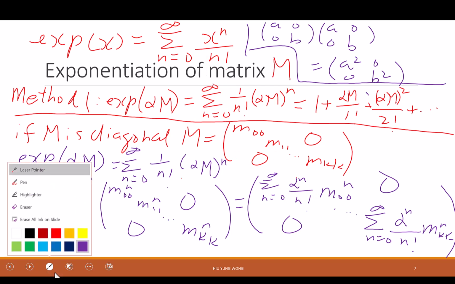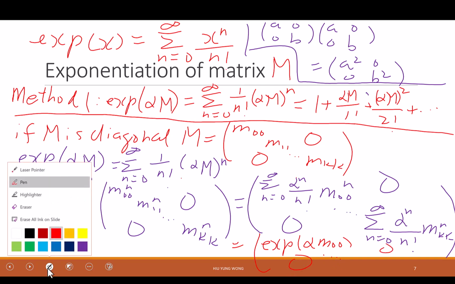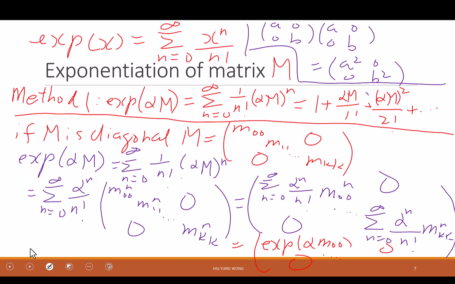So this tells me that the whole thing is just equal to the exponential of alpha m 0,0 for that element. The rest is 0. And then the last one, sorry, this is difficult to read, how about green?